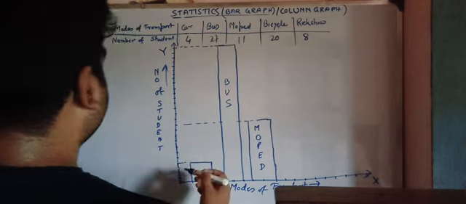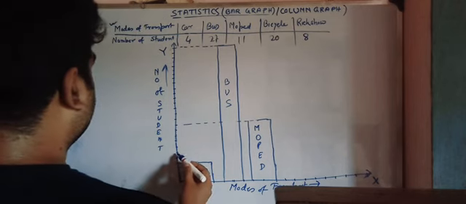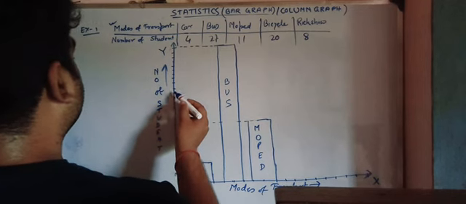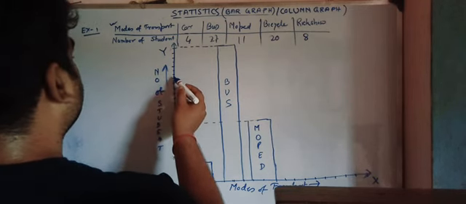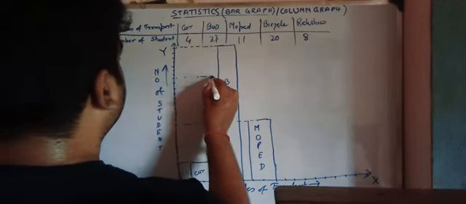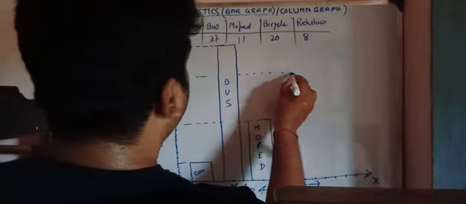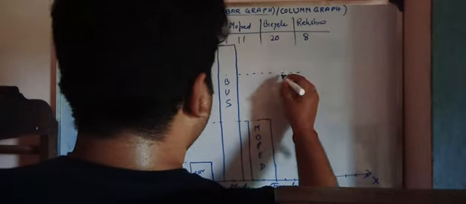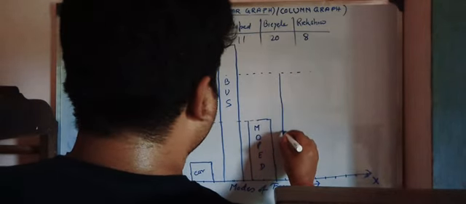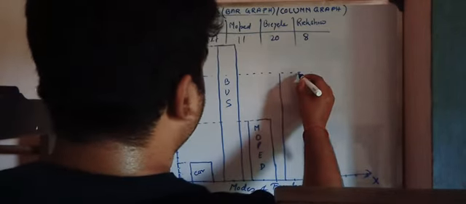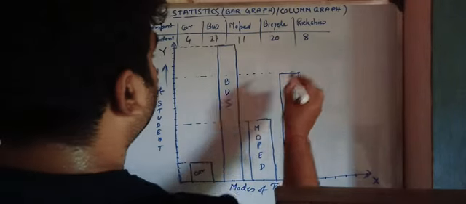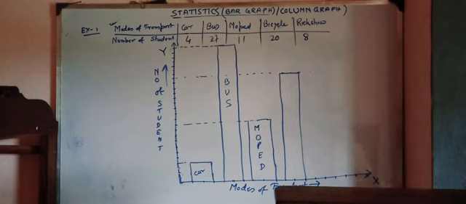By bicycle it was 20. This is 20. Okay. This is bicycle.